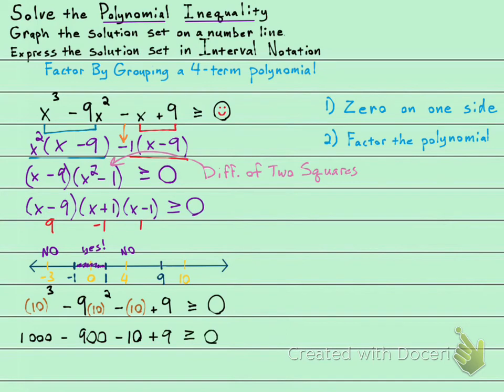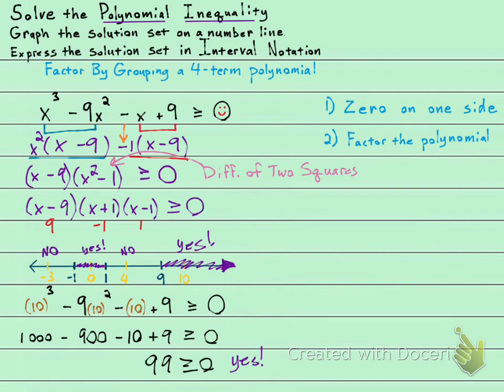All right, calculator time. 1,000 minus 900 minus 10 plus 9 gives me 99. Is 99 greater than or equal to 0? Yes. So any number in this interval here is going to give me a true statement in my original inequality.